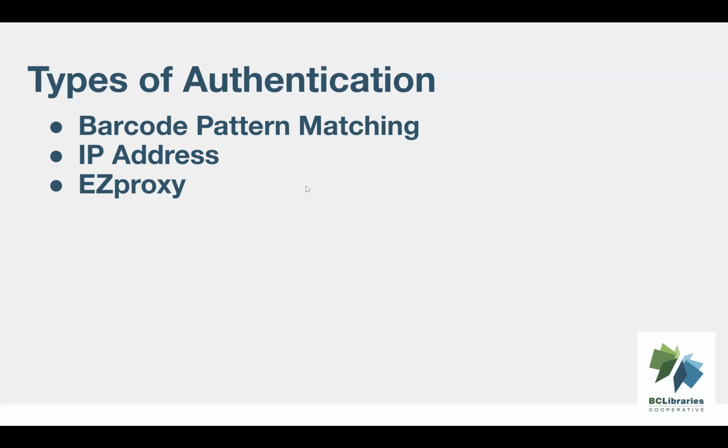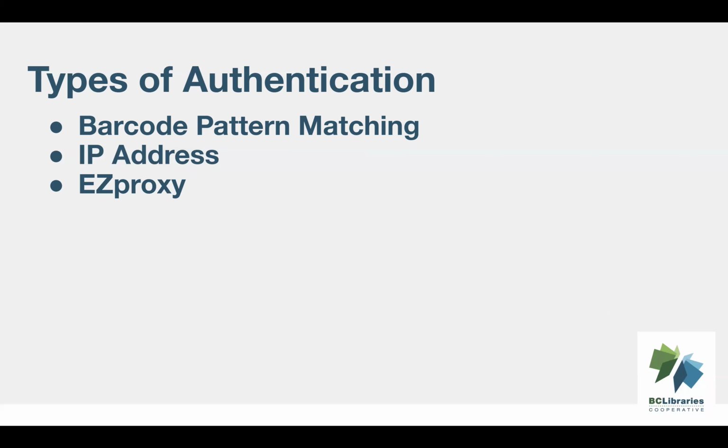Then we have Easy Proxy, which is a web proxy server your users sign into, which then rewrites the URL for the resource the user is trying to access and uses its IP address to show the vendor that your user is authorized.